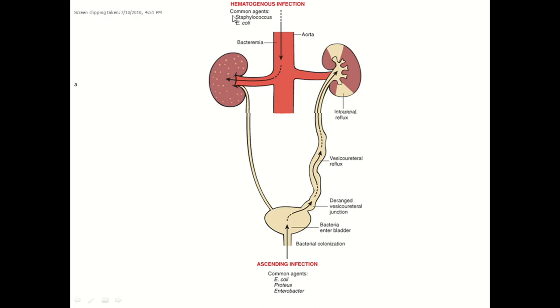The other route is the hematogenous route, meaning the patient is septicemic, and the causes are Staphylococcus and E. coli. With the blood, bacteria gain entry into the kidney in septicemic patients. So these are the two main routes.